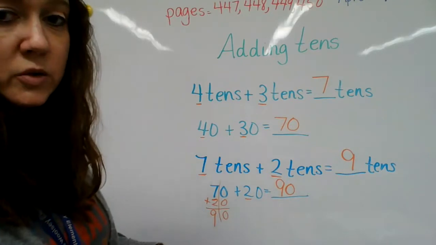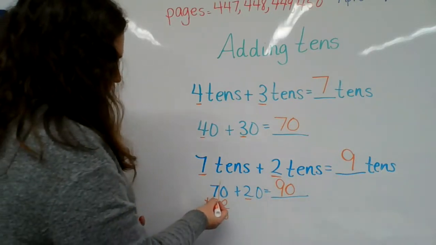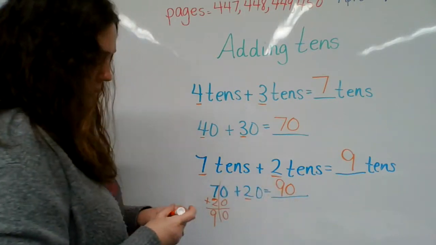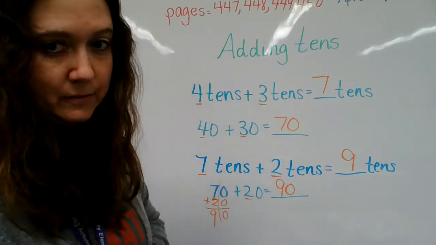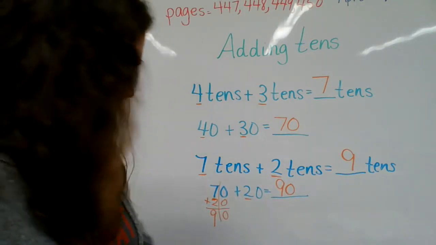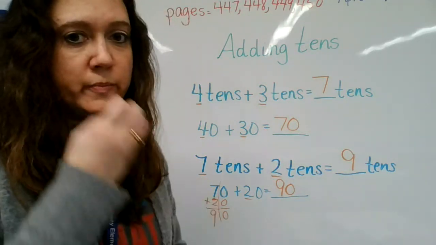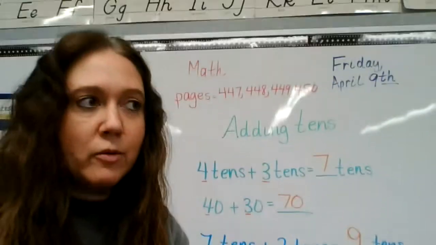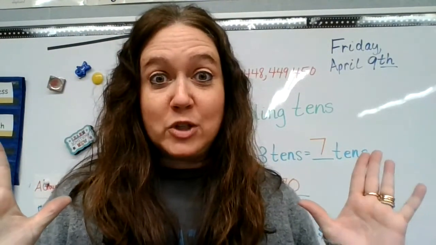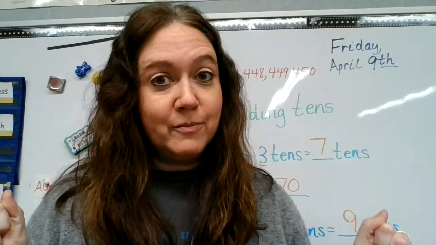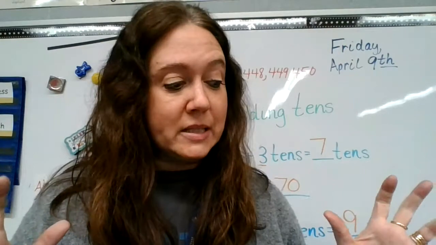But because we're adding with 0, all you have to do is think about 7 and 2 to make 90. Okay, I hope that's making sense. Without me being able to see your faces, it's hard for me to know if you're getting it. I'm hoping that you're getting it because it's pretty easy.